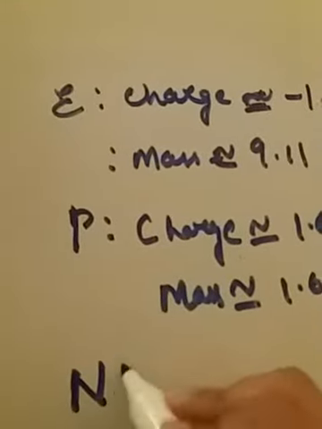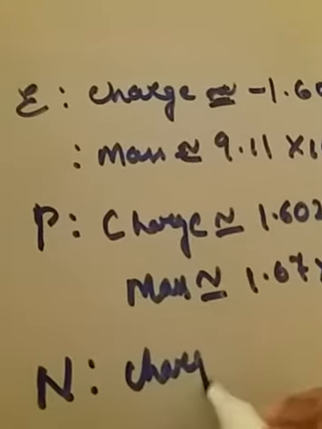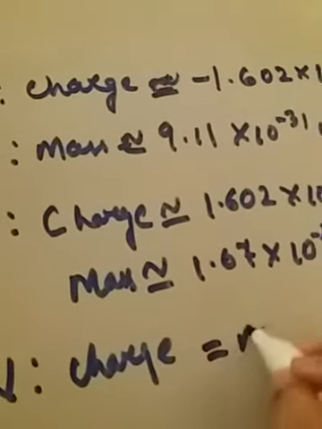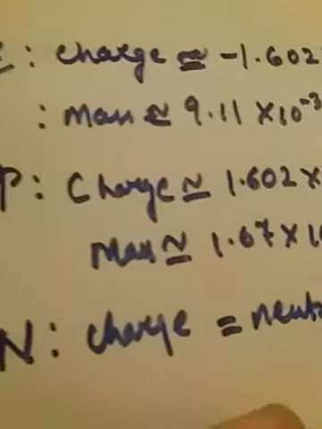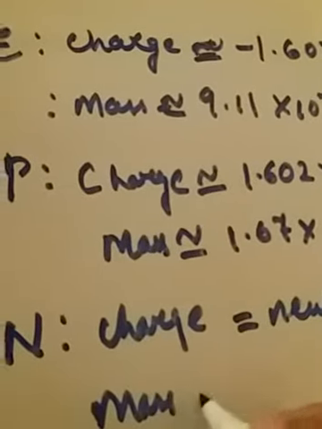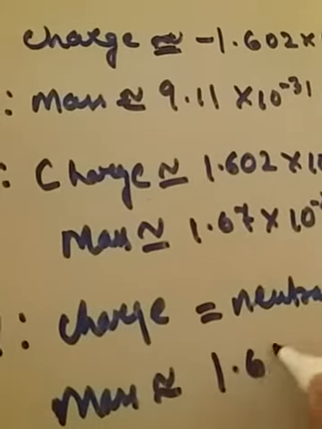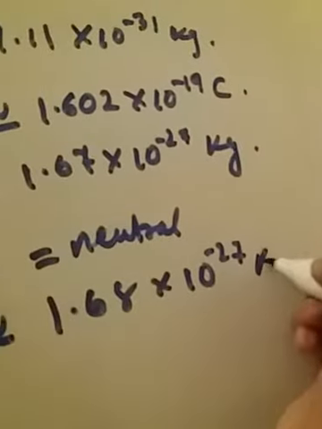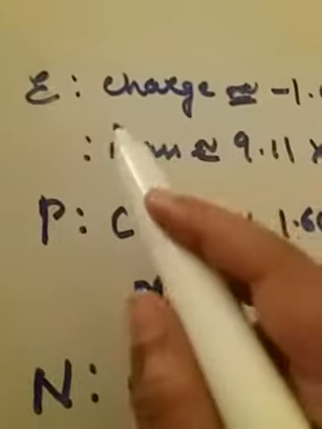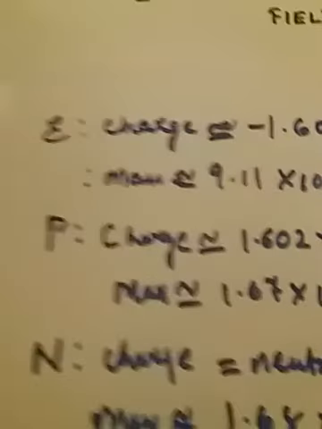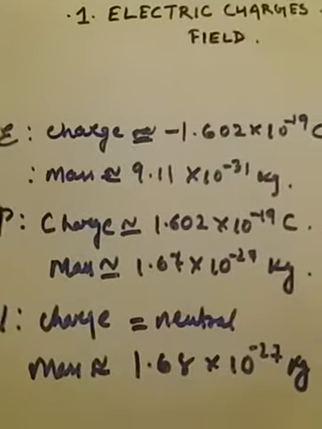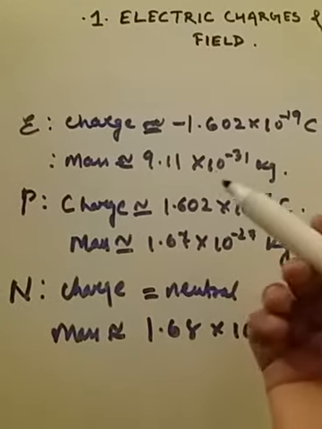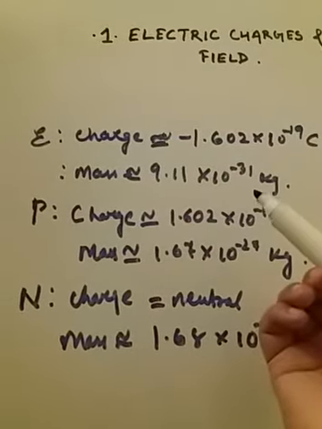Then neutron: charge is neutral and mass is 1.68 into 10 to the power minus 27 kg. So these are the values for electron, proton, neutron, charge and mass. Please always keep this in mind. These are basic things and you have read this earlier in your previous classes also.